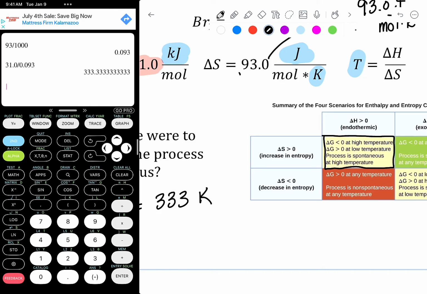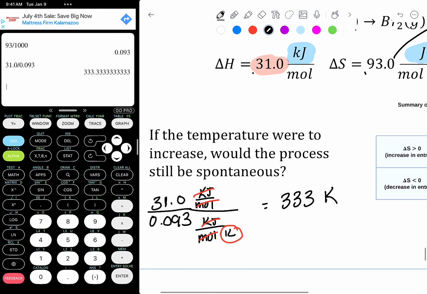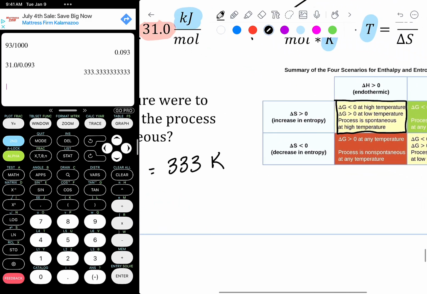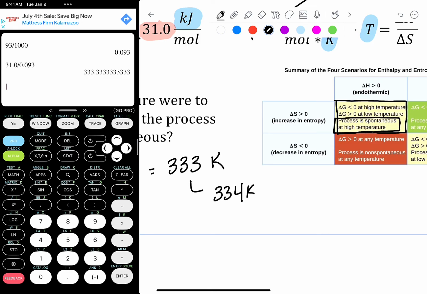And we know that that temperature that will denote whether we're going from spontaneous to non-spontaneous is 333. So if the temperature were to increase, so if I were to go to 334 Kelvin, since this process is spontaneous at higher temperatures, then this would still be spontaneous. So 333 is the flipping point for that.